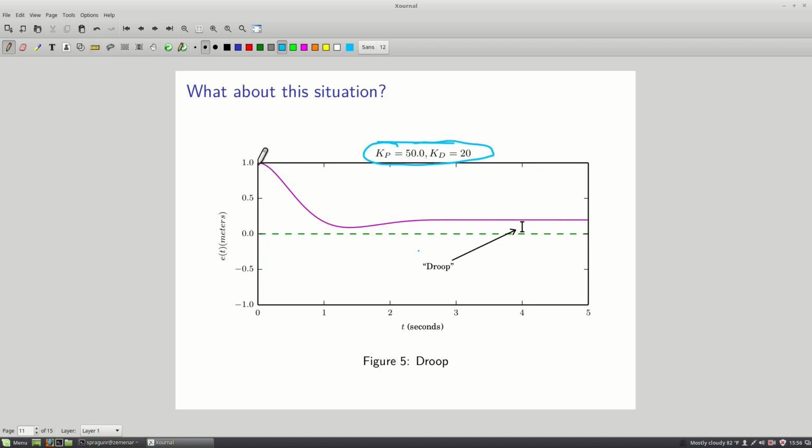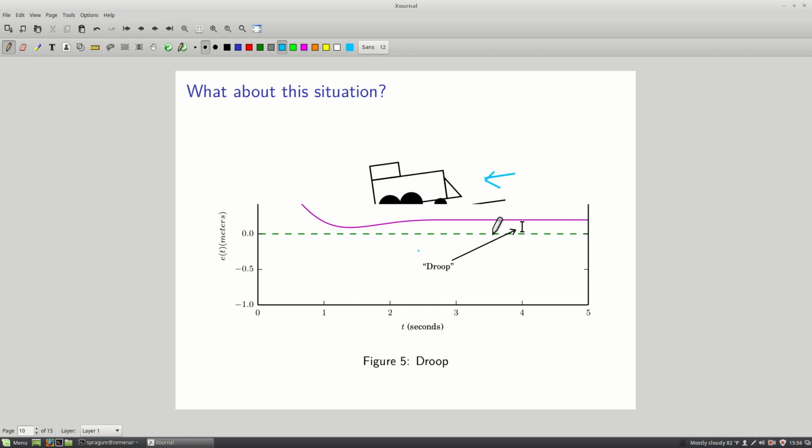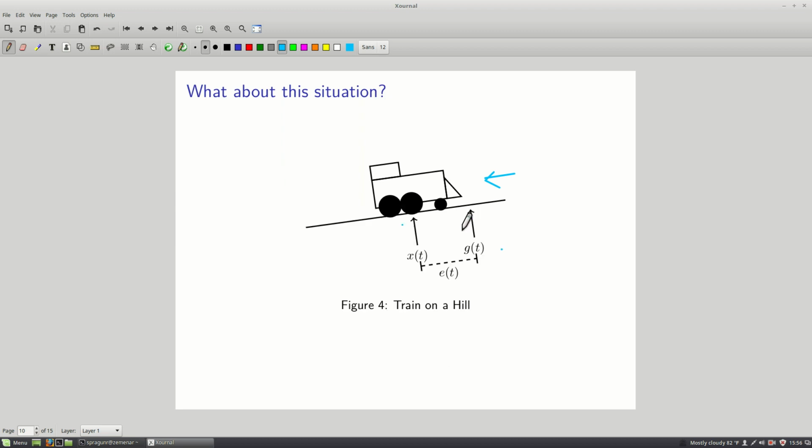And if you look at this magenta curve, qualitatively it looks pretty similar, except it's not actually settling at the goal location. Well, why not? If you think about what's happening here, the train is stopping maybe there, and at this point there's a certain amount of error, so there's a certain amount of acceleration being applied, or force being applied by our proportional term, pushing the train in this direction.